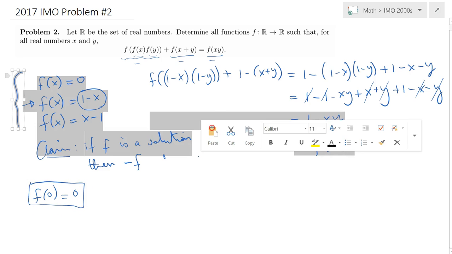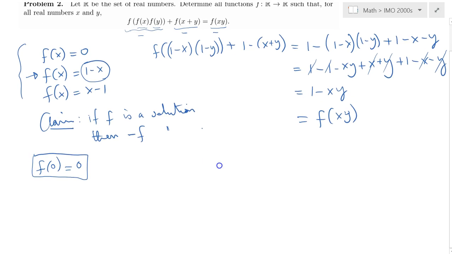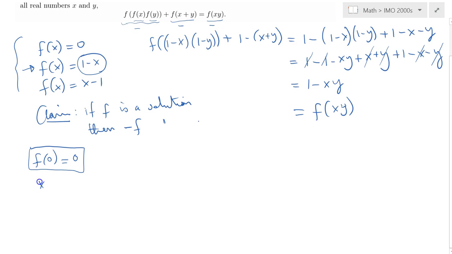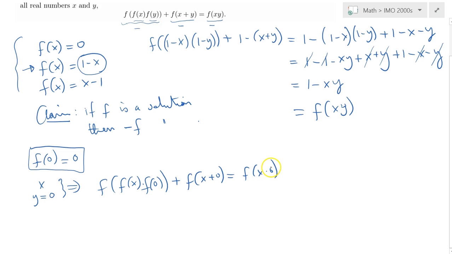If that was the case, then one can for instance substitute x, and instead of y we can simply substitute 0. So in our expression, if you start with our functional equation, we will get f of x times f of, well, y is replaced by a 0, right? So 0 plus f of x plus 0 equals f of x times 0, and f of 0 is 0 by our assumption.